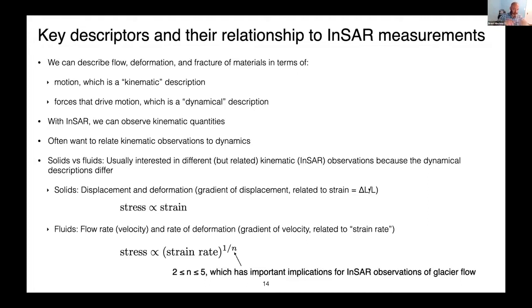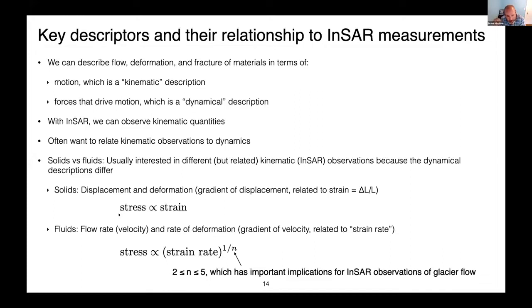So if I took my pen, I stretch it out, the change in length of that pen over the original length is strain. Now, for an idealized, at least linear elastic material, stress is proportional to the strain. So what we're interested in observing are these deformation fields, the gradients of displacement and so forth, in order to get at a better understanding of the overall stress field.